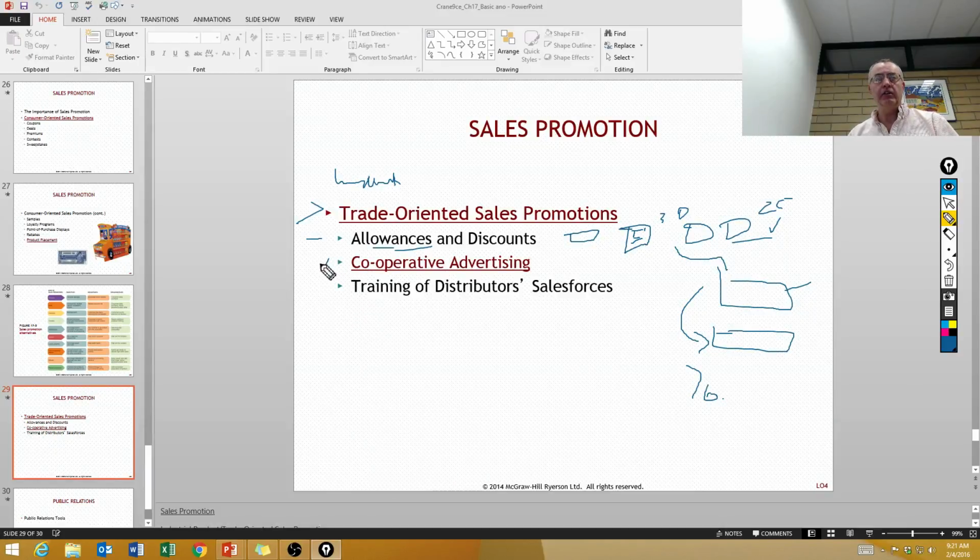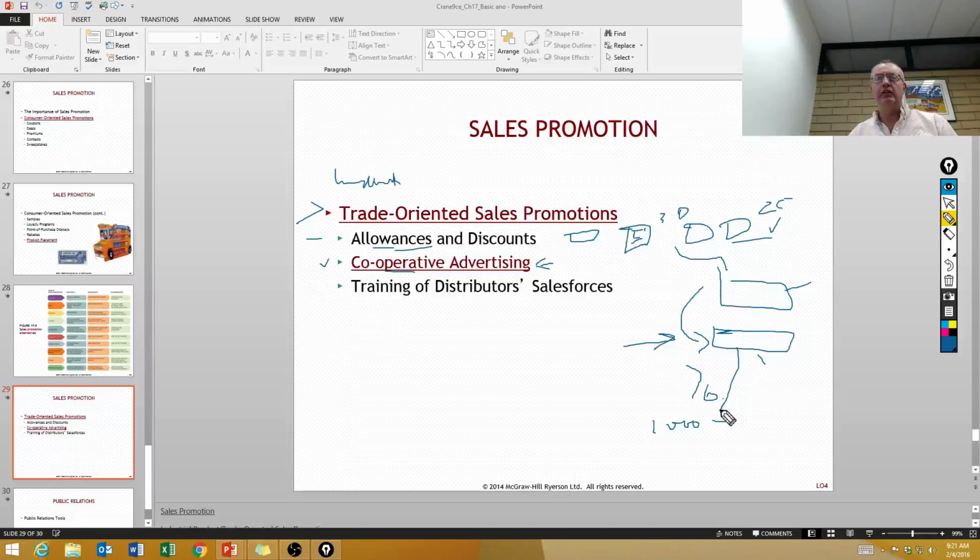We can have these cooperative advertising sales promotions where the manufacturer offers to help the retailer pay for some of the advertising costs of that particular product. So again, with my snowmobile example here, maybe it's a Bombardier trying to encourage people to buy the new snowmobiles, and they know that a particular retailer is going to spend $1,000 a week on ads.